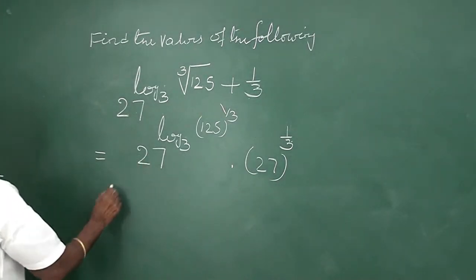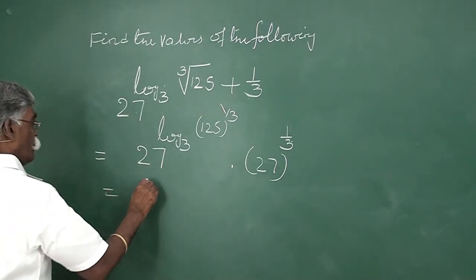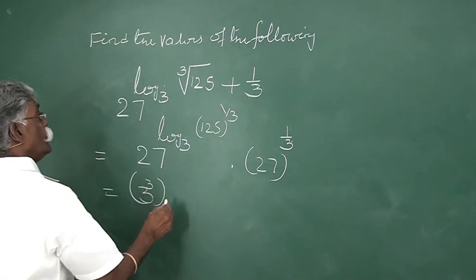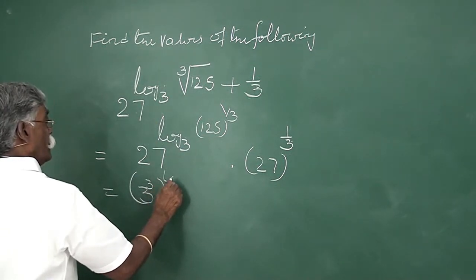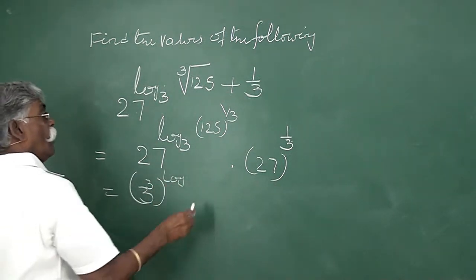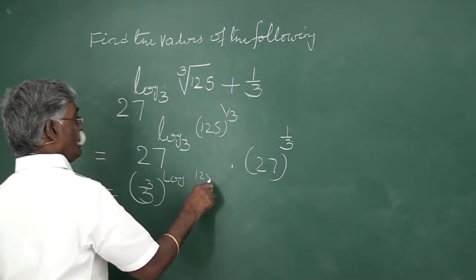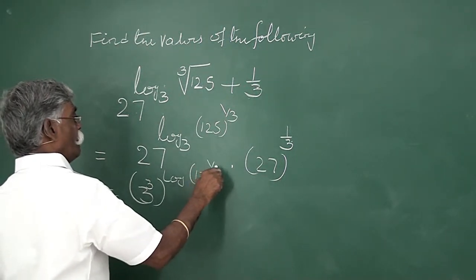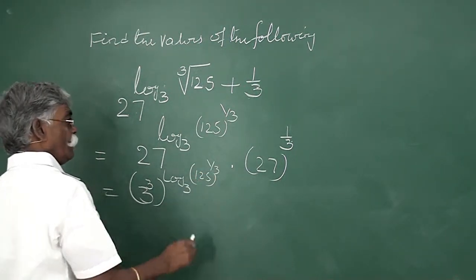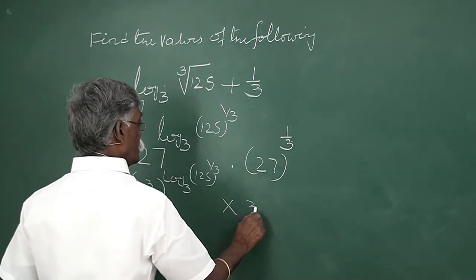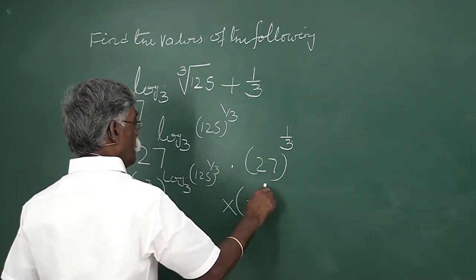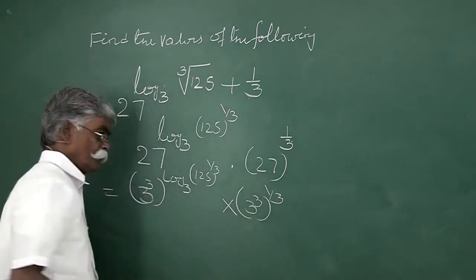Now let us write this 27 as 3 cube to the power log of 125 to the power 1 by 3 to the base 3, into this is 3 cube to the power 1 by 3.